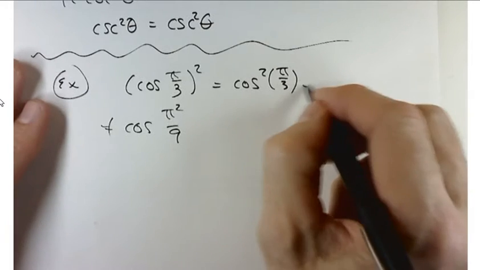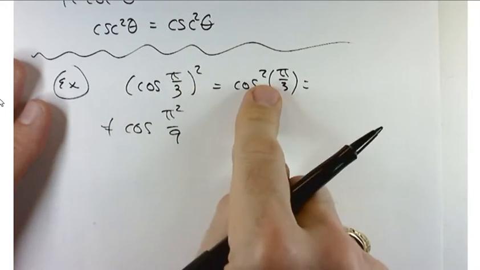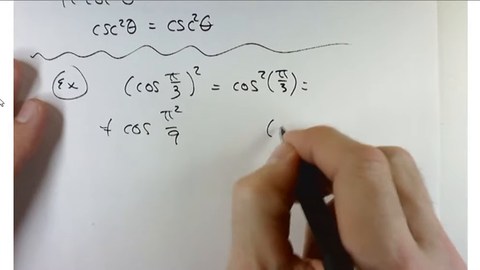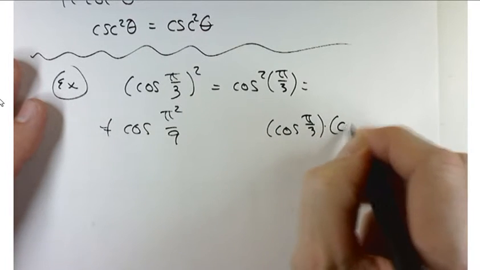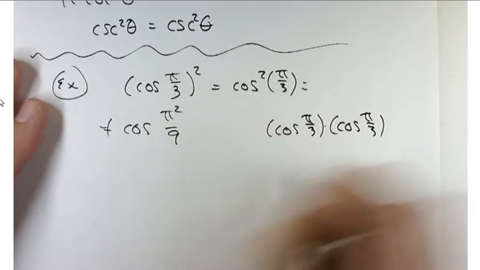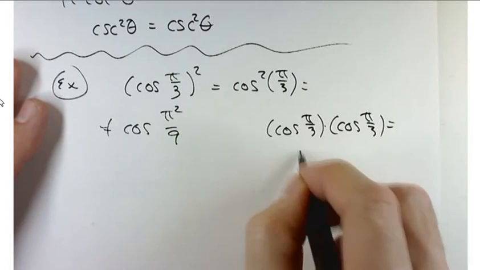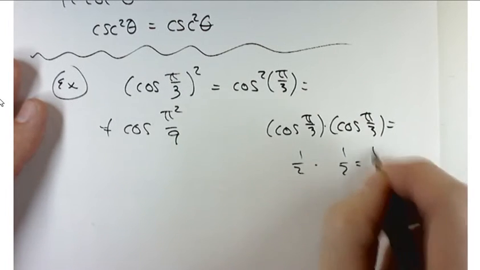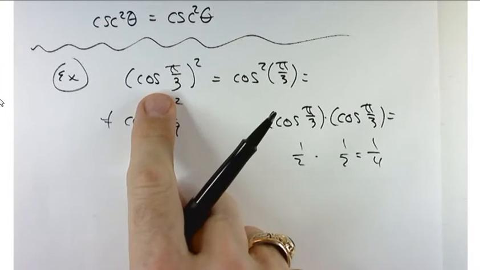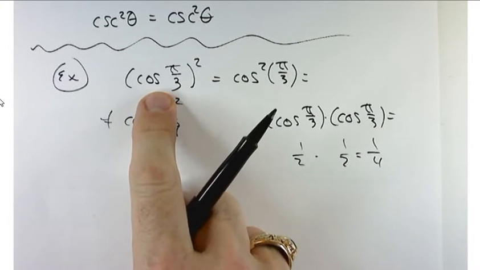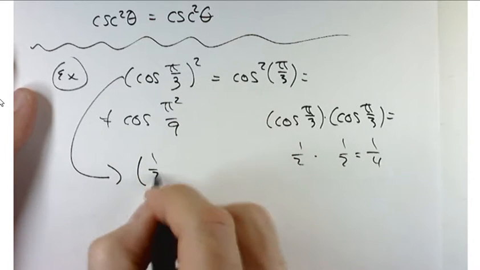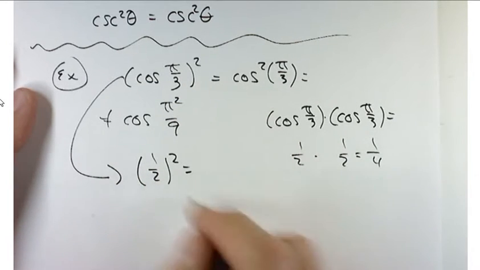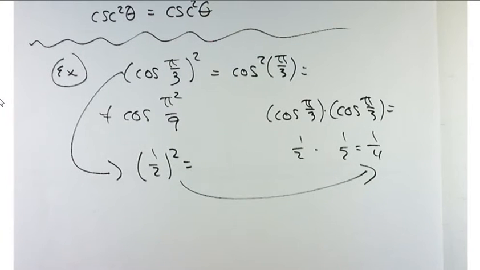What this means, written either way, is cosine of pi over 3 times cosine of pi over 3. And the cosine of pi over 3 is 1/2, times 1/2 is 1/4. Another way to evaluate it would be to say that's 1/2, and then I square 1/2, and I again get 1/4.